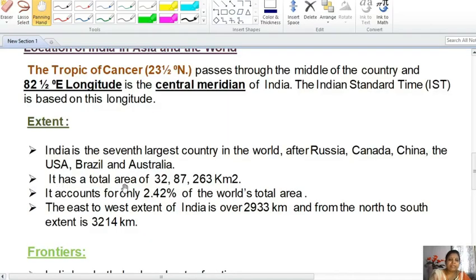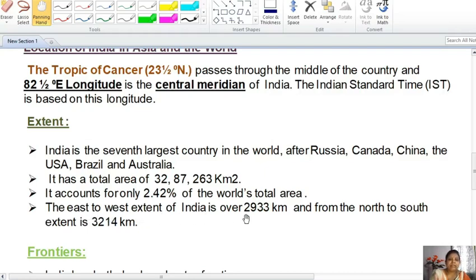Second point is the total land area of India is 32,87,263 square kilometers. India accounts for 2.42% of the world's total area. Fourth one is how India extends from east to west.